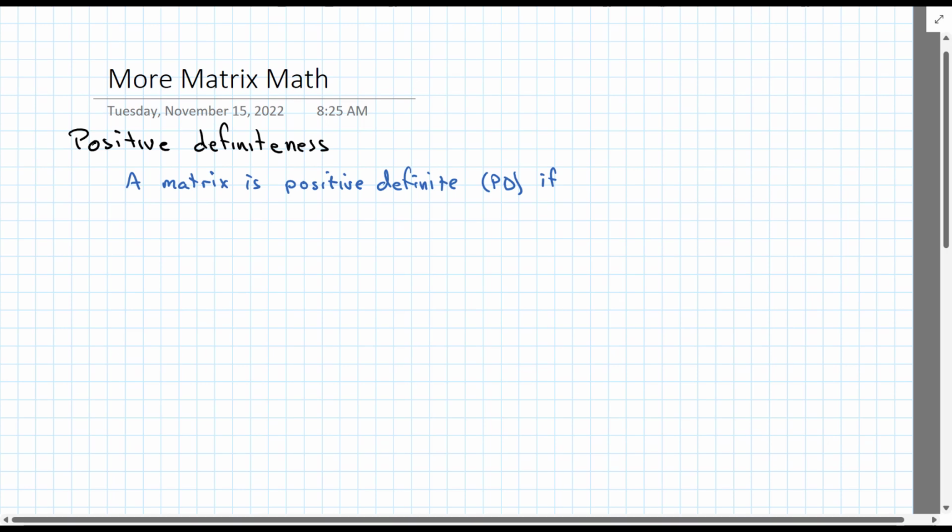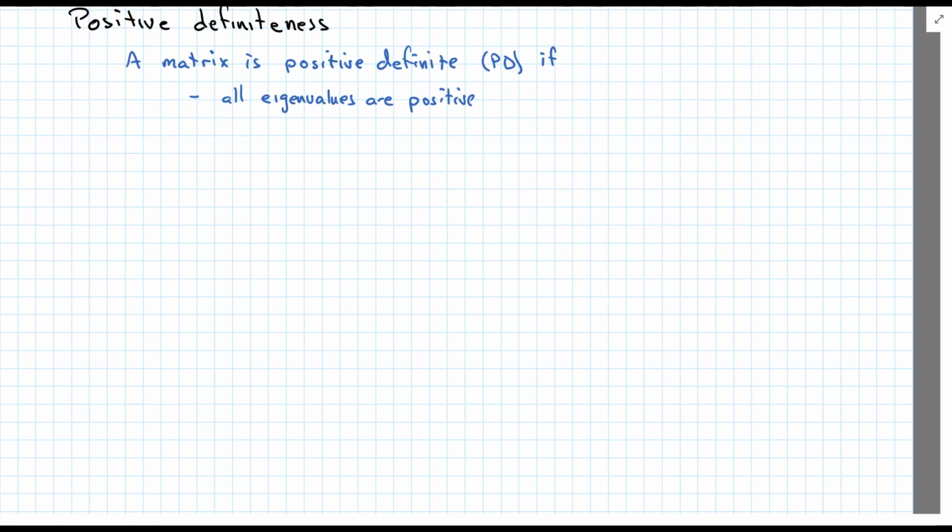A matrix is called positive definite if any of the conditions below apply. The first one is all eigenvalues are positive. If we don't want to find the eigenvalues, we can just look at all possible vectors x.